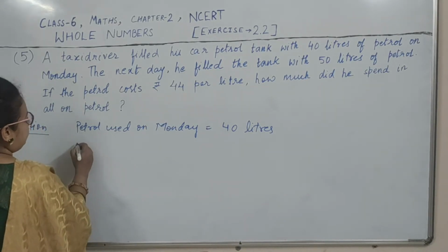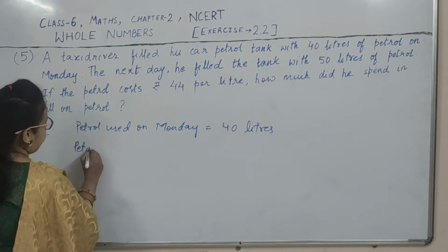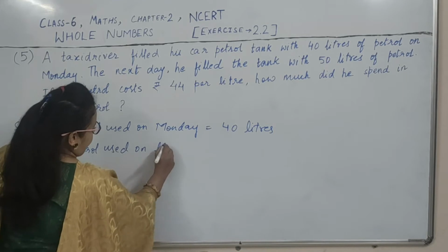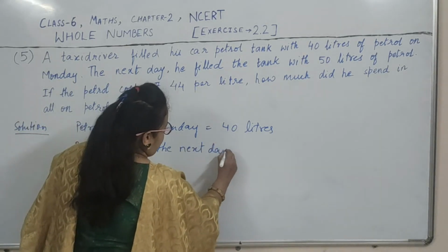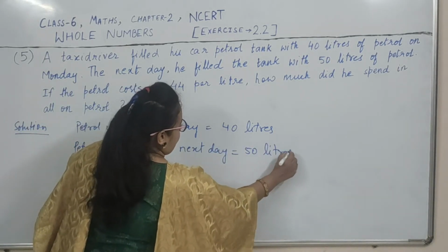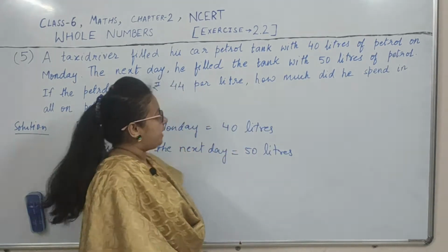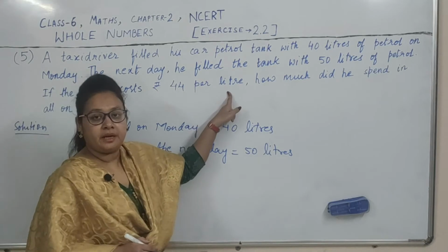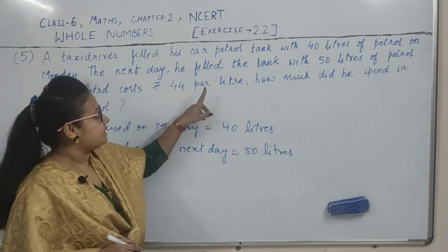So, petrol used on the next day, 50 liters. Okay. If the petrol costs rupees 44 per liter, per liter means 1 liter.